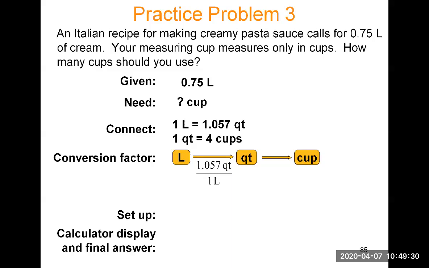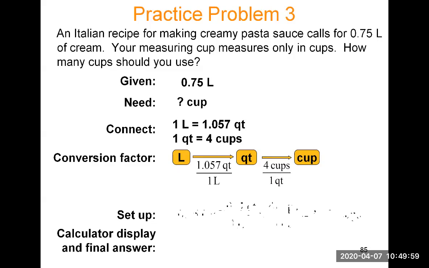In the previous conversion factor the quarts are in the numerator, so you will write 4 cups over 1 quart because then the quarts can be cancelled. And you will be left with cups in the numerator, and that's the desired unit, so it works.